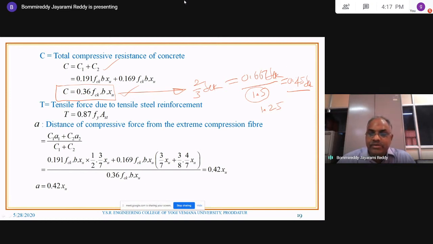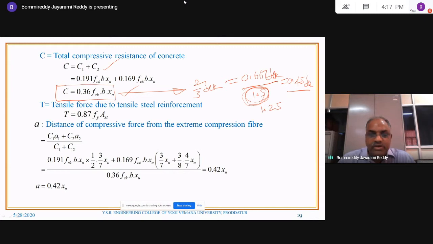The question in the examination is based on testing of your conceptual knowledge. The question is, instead of considering the partial safety factor for concrete as 1.5, let us assume it as 1.25. So then what is the compressive resistance of the concrete?